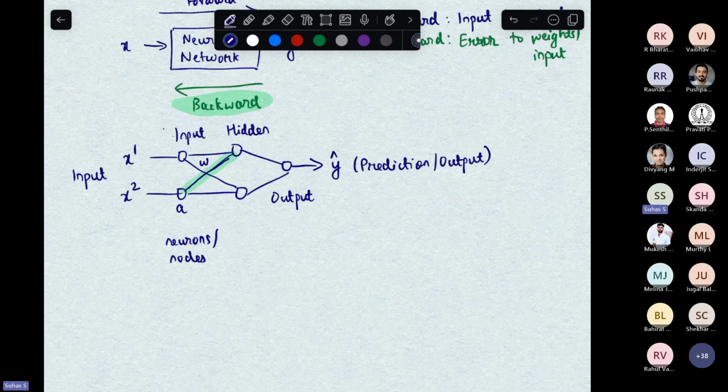This is the first node in the first layer. This is the second node in the first layer. So I call them A11 and A21.